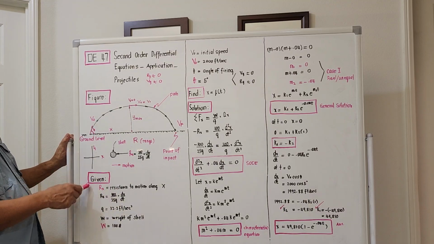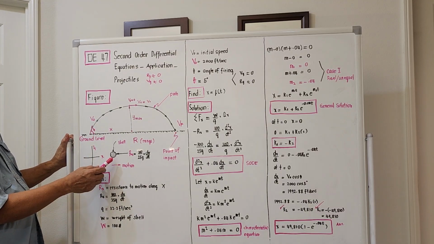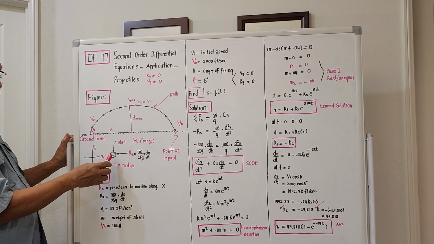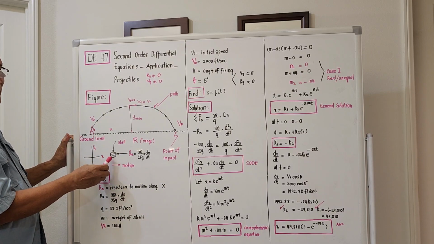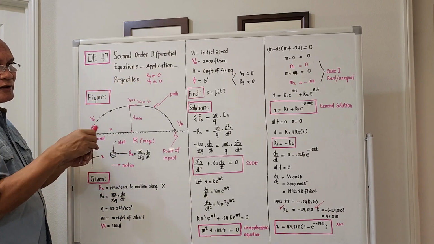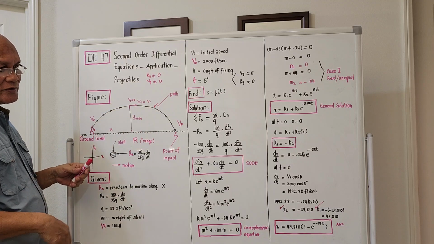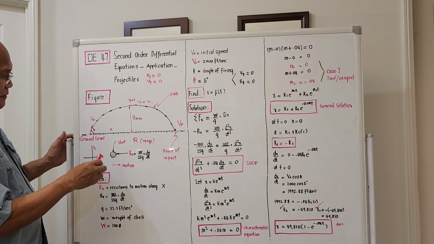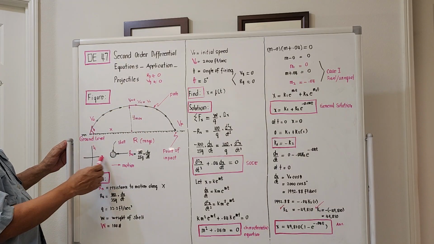I bring out a free body diagram here. This circle represents the shell of the projectile, of the cannon, maybe the M1A1 Abrams. This should be the y-axis, this is the x-axis.